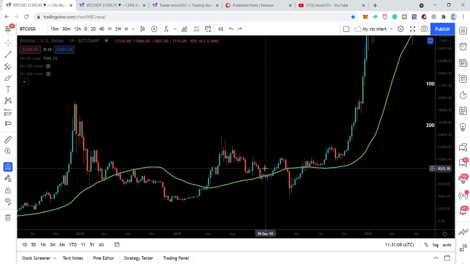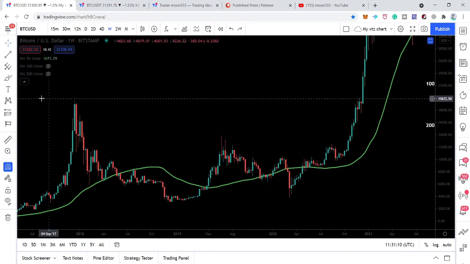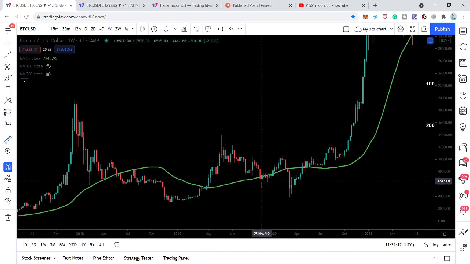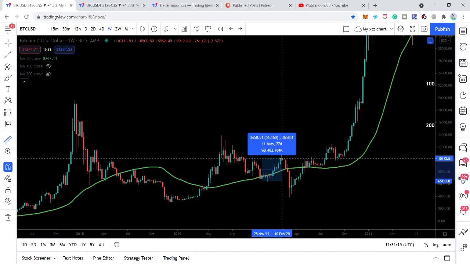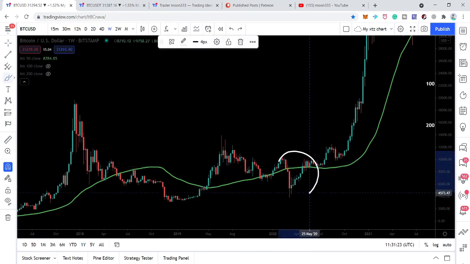But after a few candlesticks, the price action reversed bullish towards the upside, and this was approximately a 56.16% rally. And after that we had this drop of March 2020.